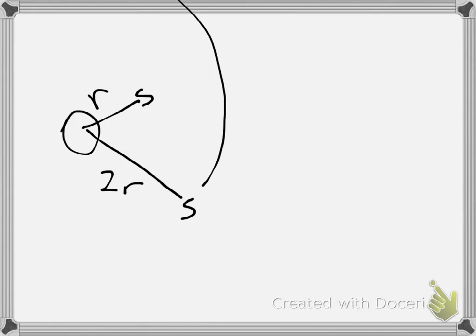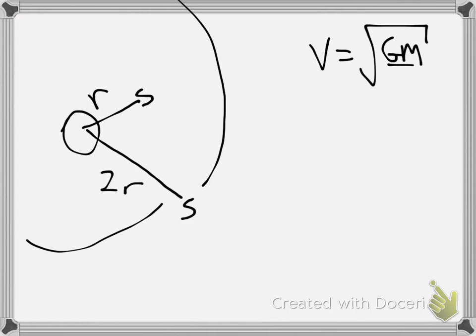So then that means what velocity is going to keep us in geosynchronous orbit. I don't know if you remember when I was talking about that. The orbital velocity is the square root of big G m over r. Remember this? This is the mass of the planet, not the mass of the satellite.